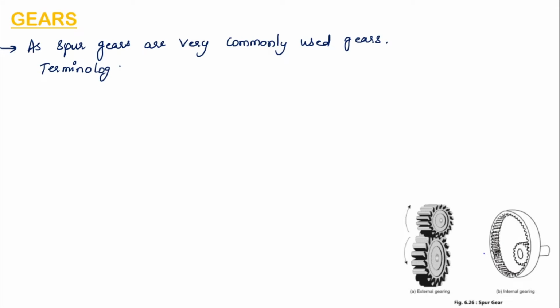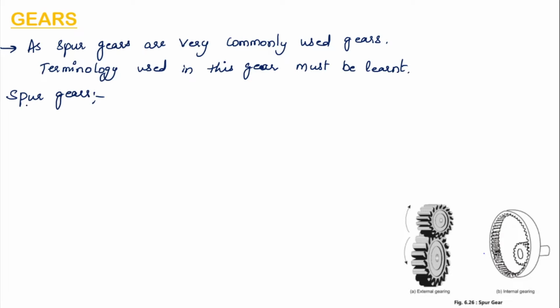Terminology used in these gears must be learned. Now about the spur gears. These gears are used to transmit power and motion when the shafts are parallel to each other.